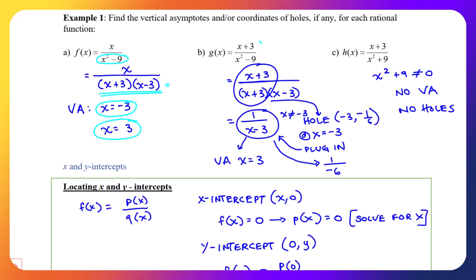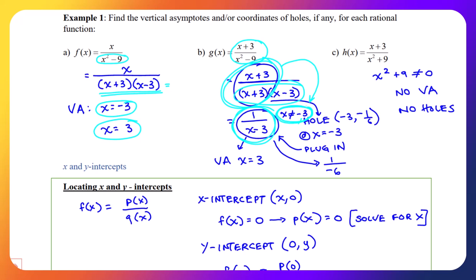But here, we factor the denominator and something reduces out. And so we have this left, and the part that reduced out, x still can't be negative 3.